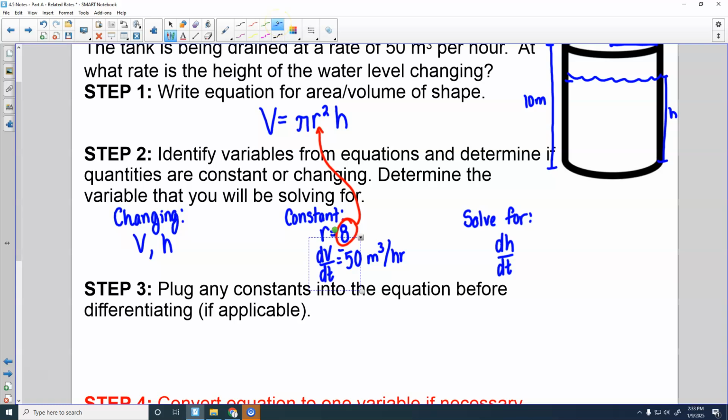This only works if it's a constant value. We couldn't do it on the other problems so far. So we'll have V equals pi times 8 squared times height, and it will make your life a little bit easier to clean that up just a little bit. Volume equals 64 pi times height.